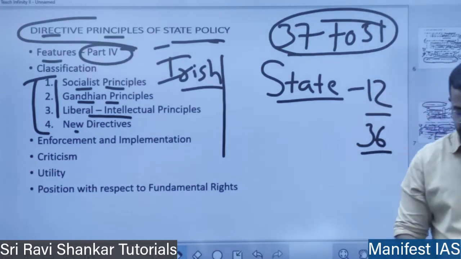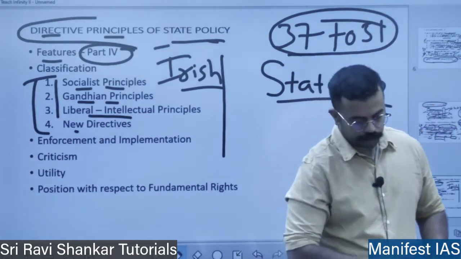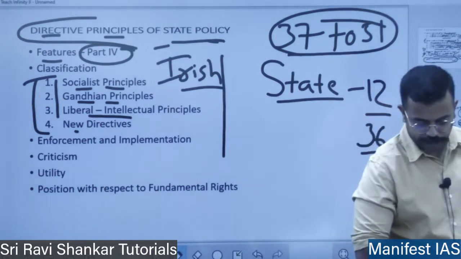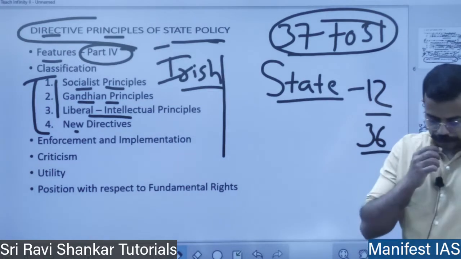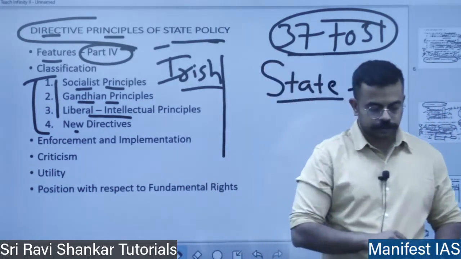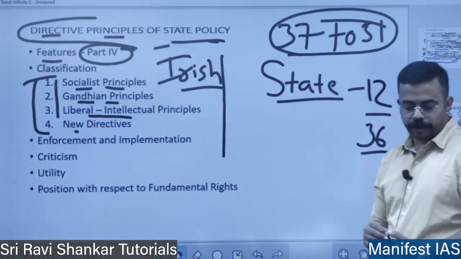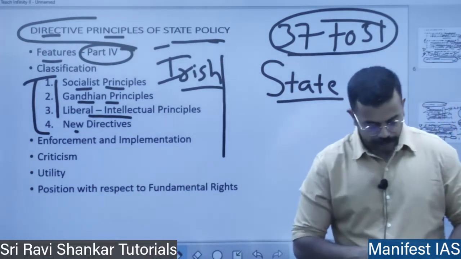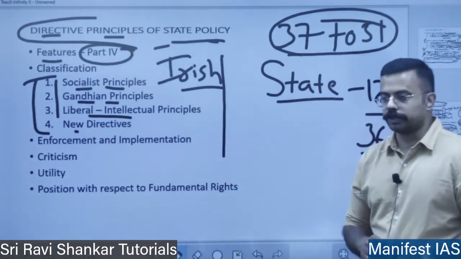Article 38 says to promote the welfare of people by securing a social order permeated by justice, social, economic and political, and to minimize inequalities in income, status, facilities and opportunities.